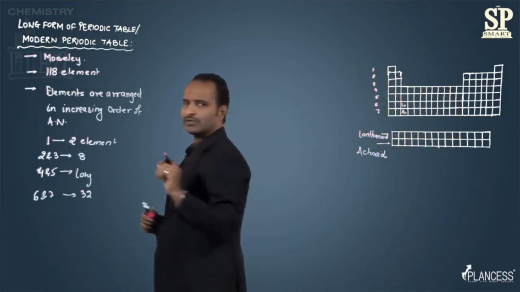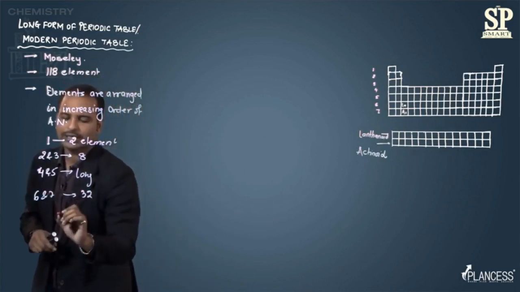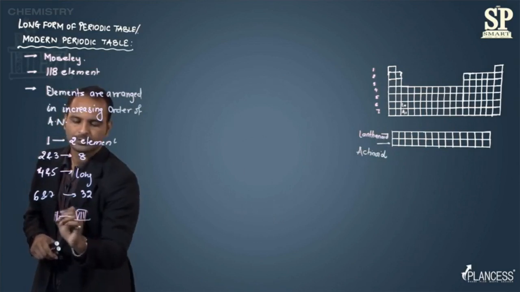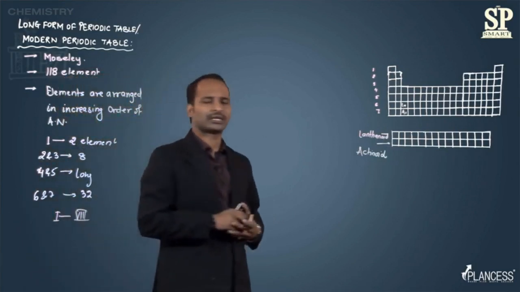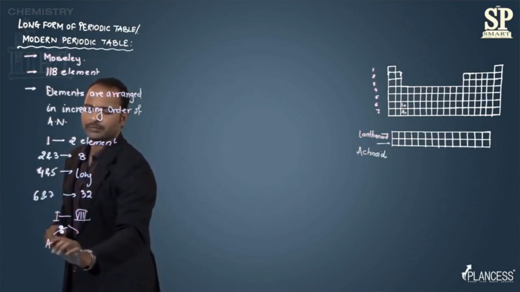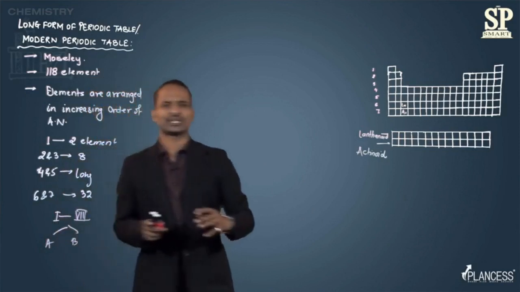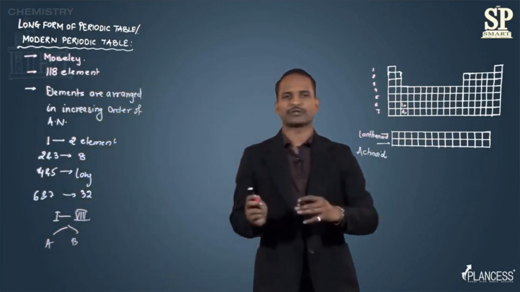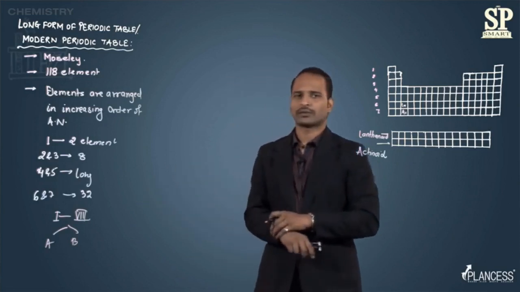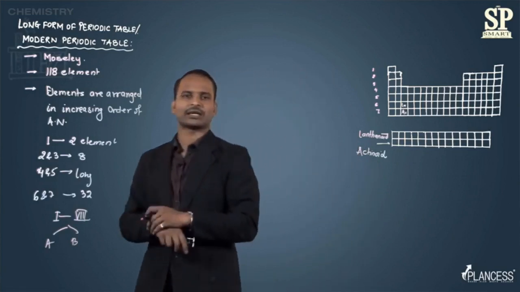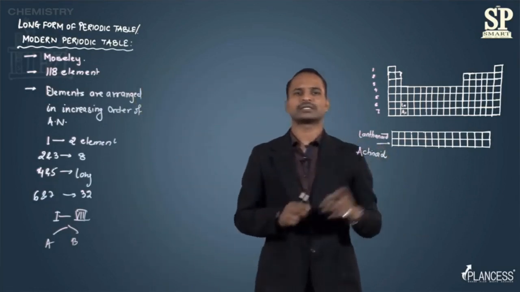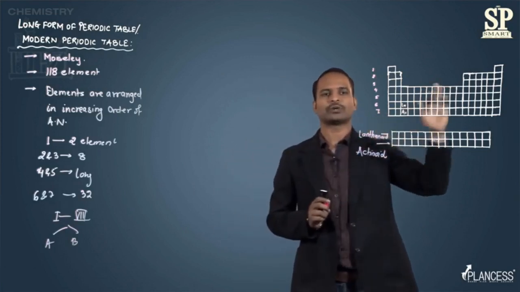When the periodic table was made, at that time we considered that there were a total of 8 groups, 1 to 8, and all the groups were divided into 2 parts, that is A and B: first A, second A, third A, fourth A, similarly first B, second B, third B. Initially the groups were numbered like that, but then IUPAC changed this numbering, and IUPAC numbering is simply from number 1 to number 18.